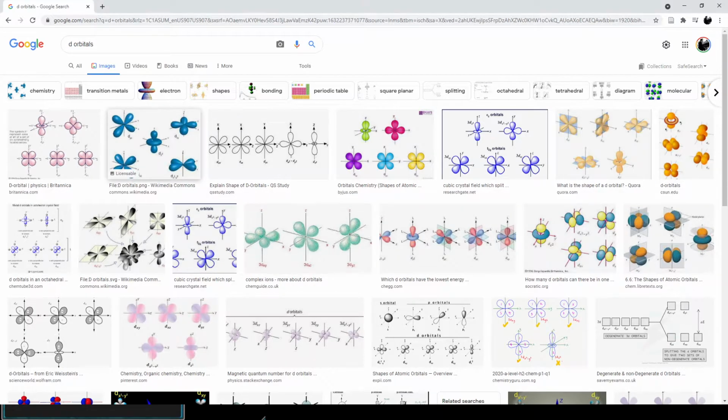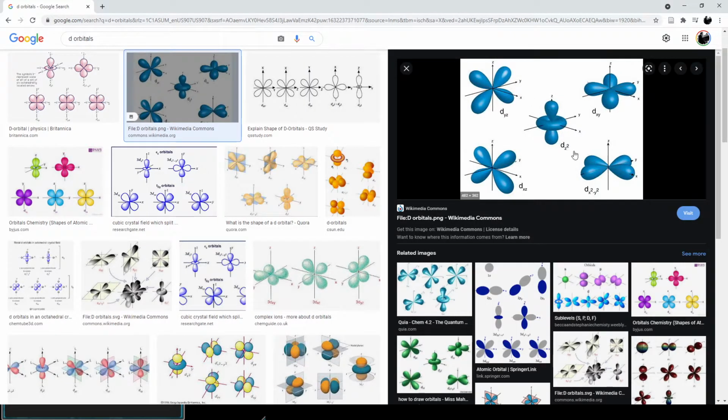So d orbitals, if you look here, again, they're these 4-lobed things that either are in the XYZ planes, or they are kind of just rotated throughout. And then there's that fun one in the middle that's got the p orbital with a donut around it. We're going to see here that all of these still have the idea of 2 nodes. And so that's kind of what they look like.